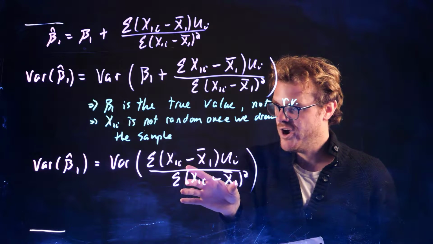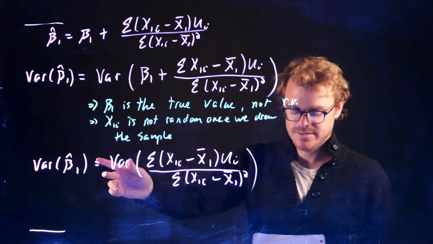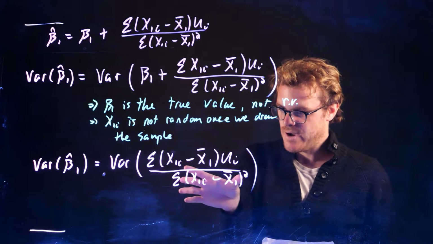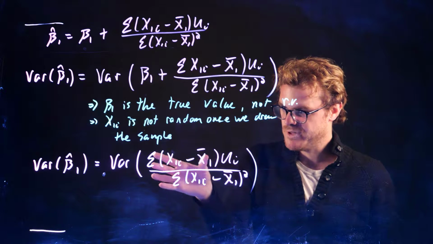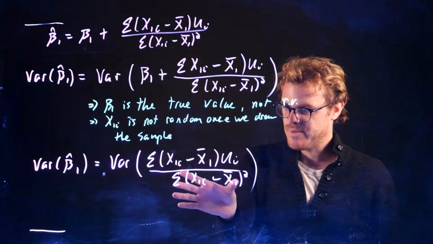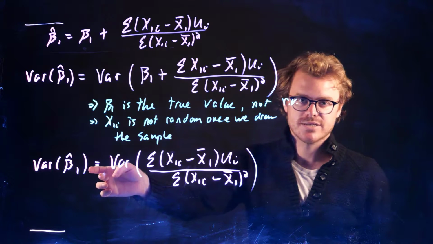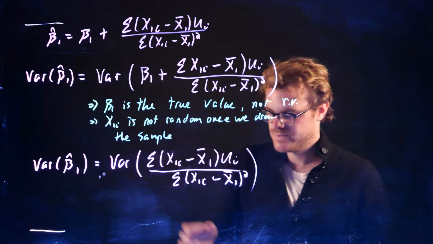And so we want to take this constant outside of this variance. Well, to do that, we need to square it, right? Remember, if you're multiplying or dividing inside a variance by a constant, when we take it out of that variance, we need to square it. So that's what we're going to do.